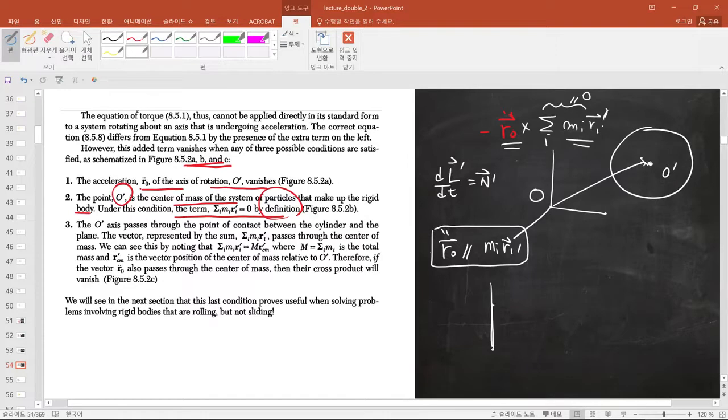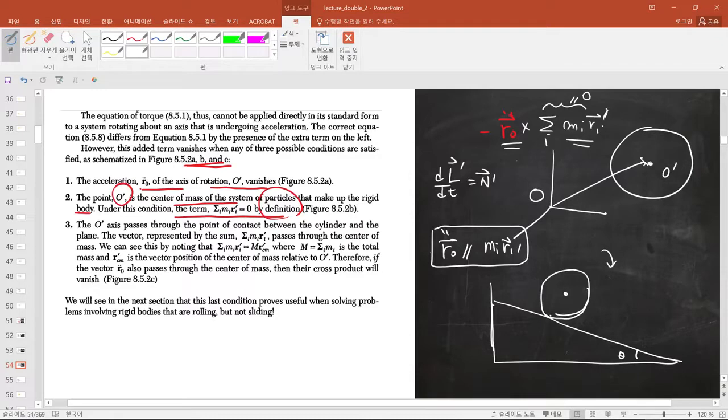The most illustrative example is a disk rolling down an inclined plane. Here, if you consider the center of mass, then it doesn't matter, it is always true.